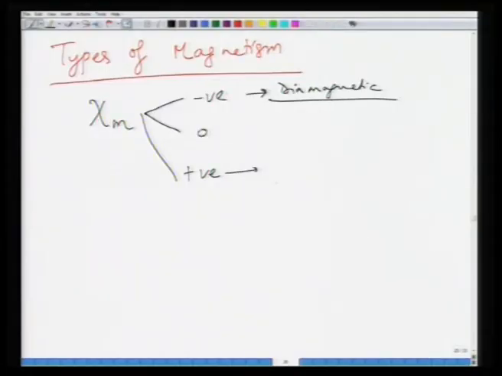So, essentially it means that you have no magnetic materials being used, and positive would mean that the material could be either paramagnetic, or ferromagnetic, or ferrimagnetic.